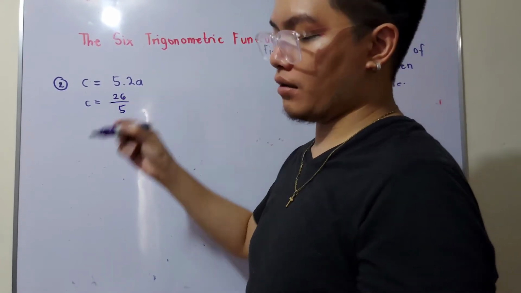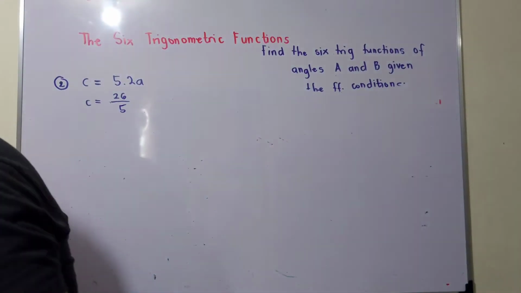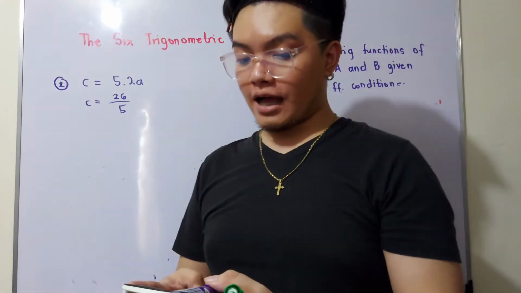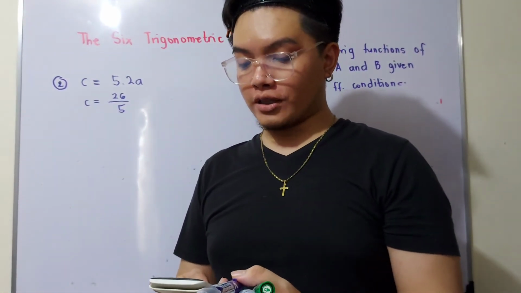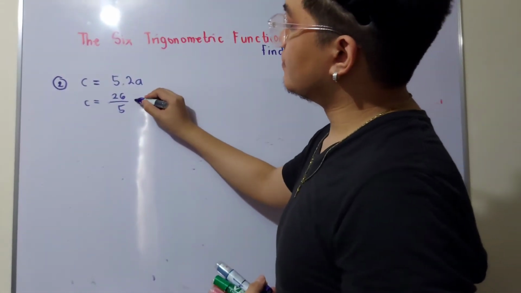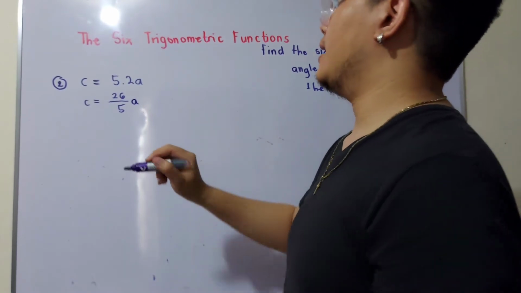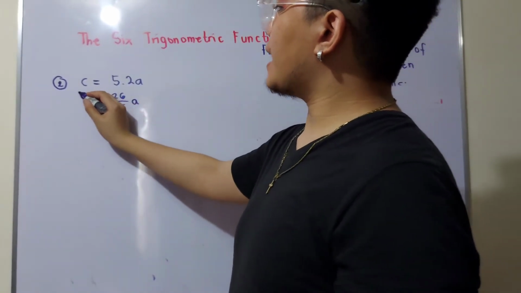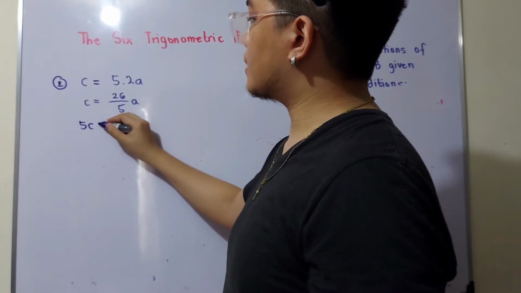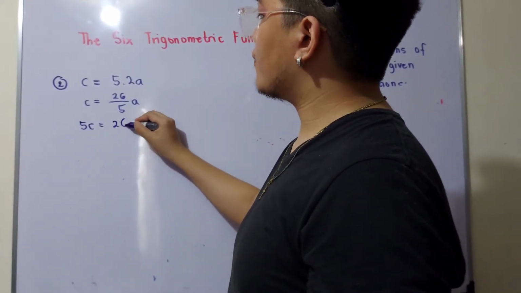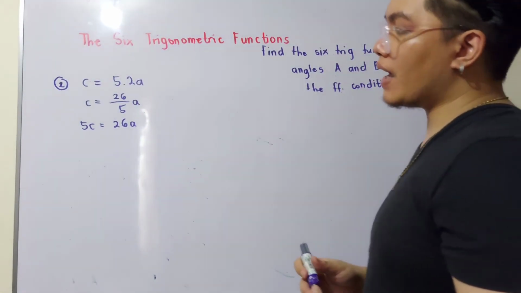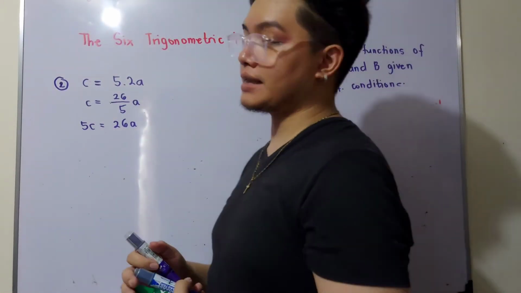So, C is equal to 26 over 5A. Which means that pag nag-multiply tayo both sides by 5, ito na yung reduced na walang fraction. So 5 times C is equal to 26A.